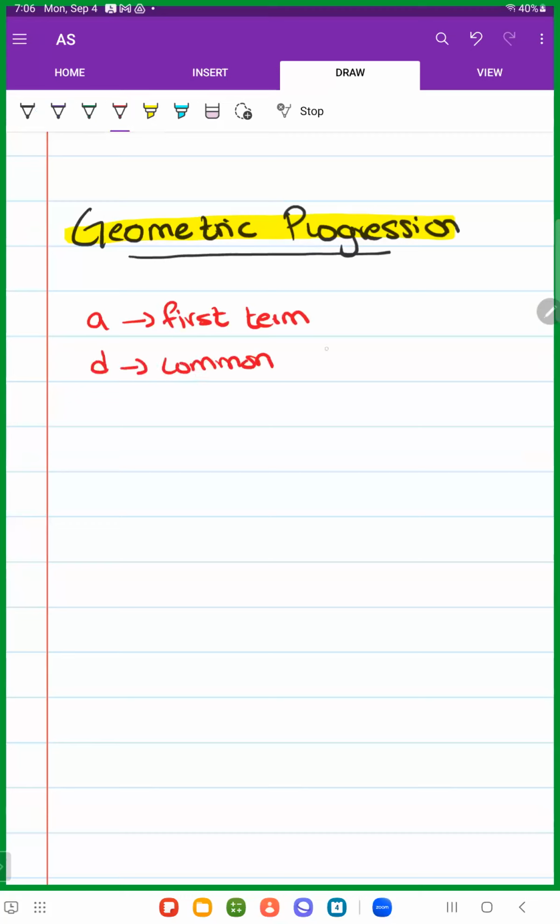In geometric progression, it's called the common ratio. For example, we have a series 1, 2, 4, 8, 16, 32.